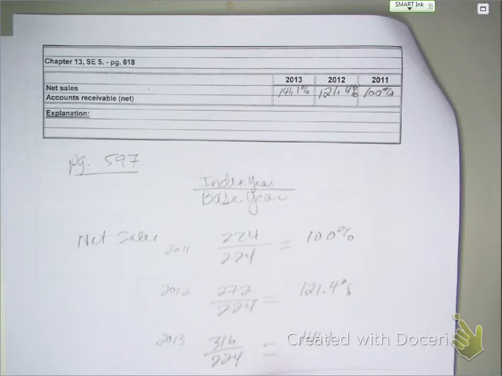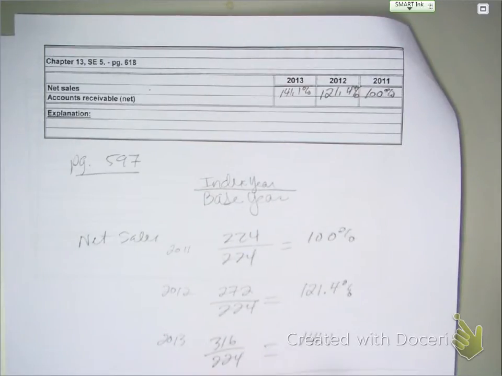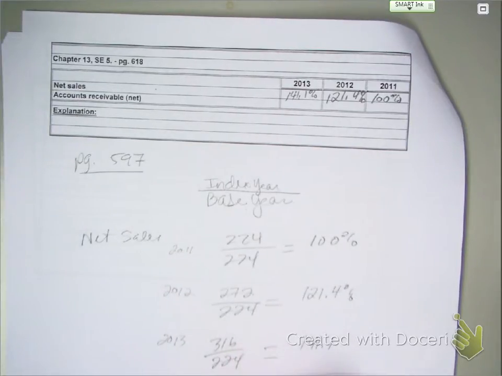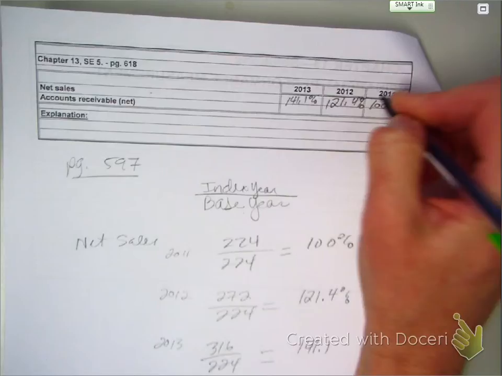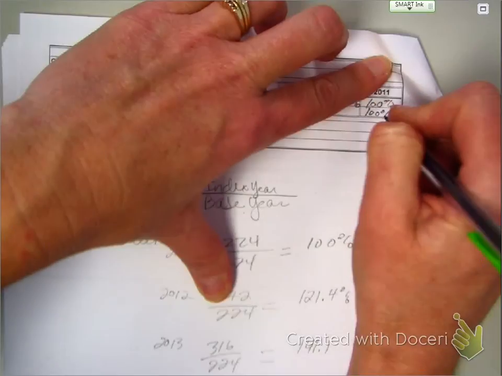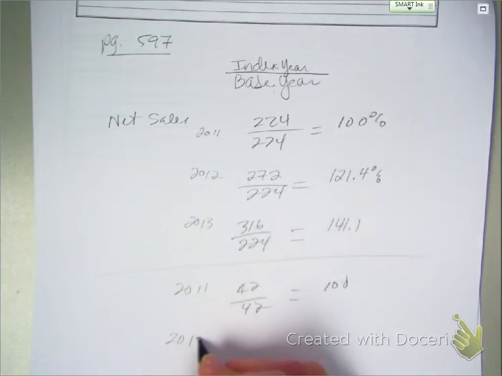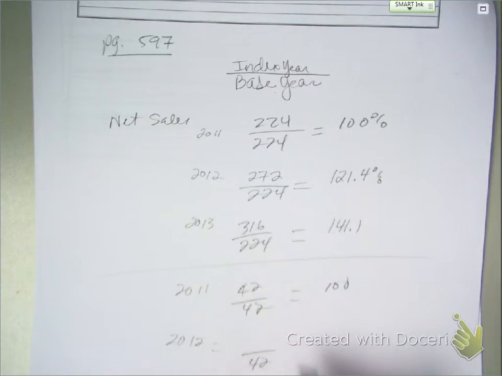What's our accounts receivable in 2011? 42 over 42, 100%. Okay. 2012 is what number? 64 over 42.